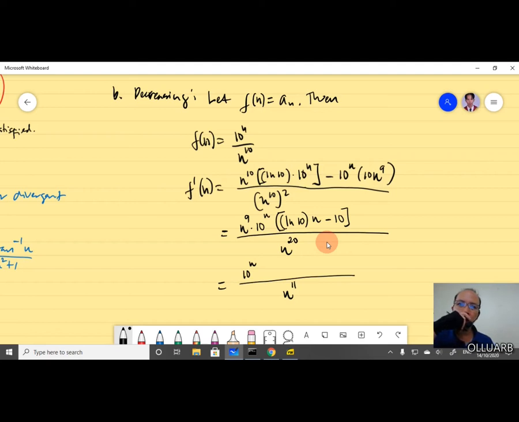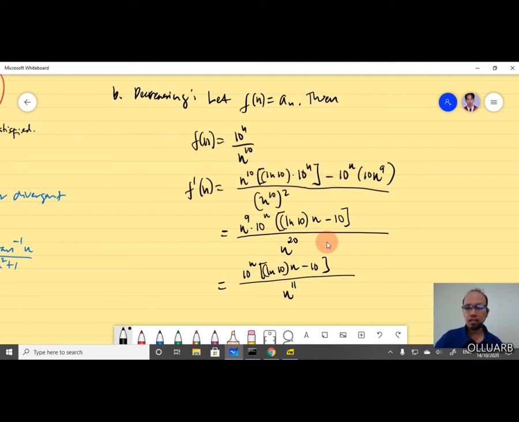Can I factor out here? This is ln 10 times n minus 10. Is this always less than 0, which is always negative?